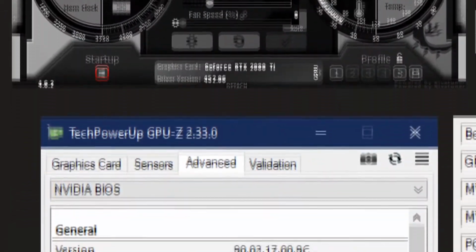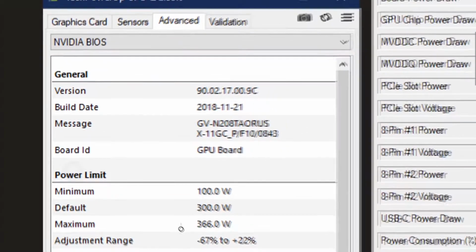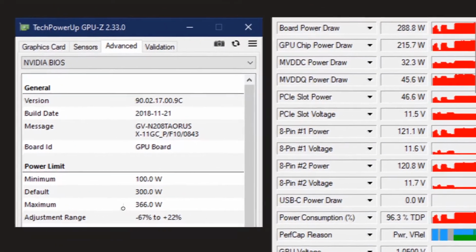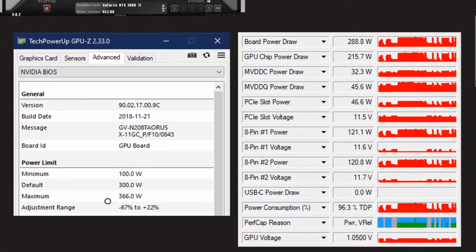But for some people that's not quite enough. So coming back to how you can increase the power limit. I've already mentioned flashing BIOSes. So let's say you have a reference 2080 Ti and you have your 250 base and then maybe a 300 max power limit, but you want more.